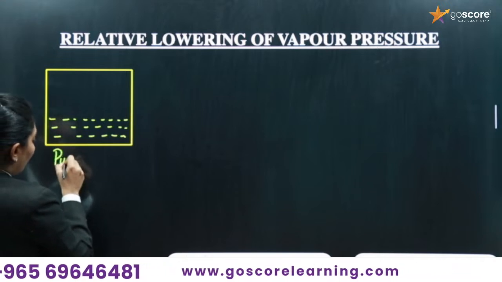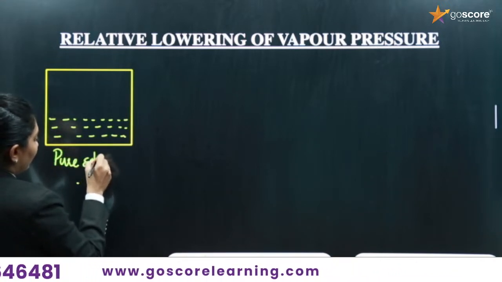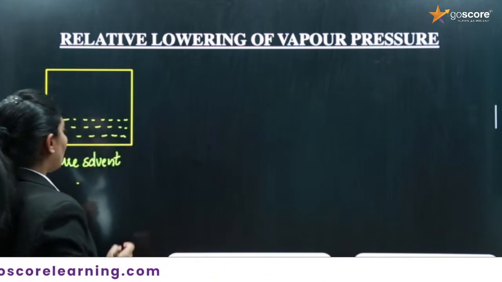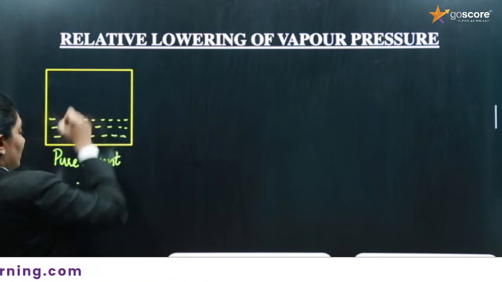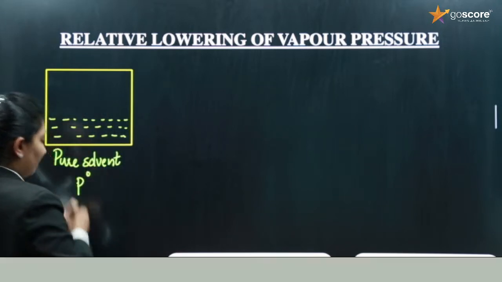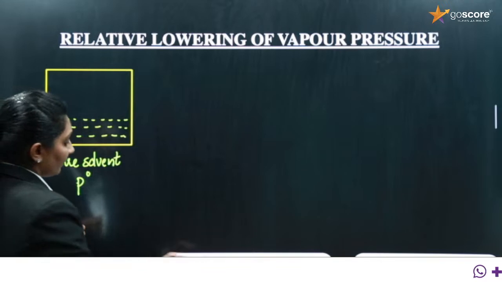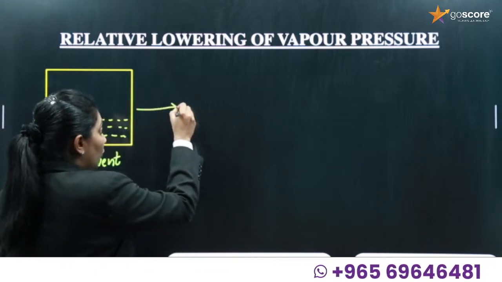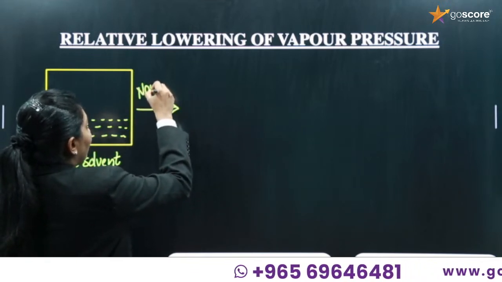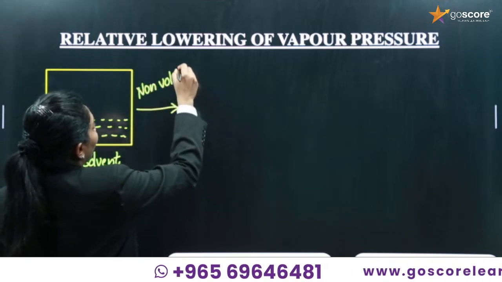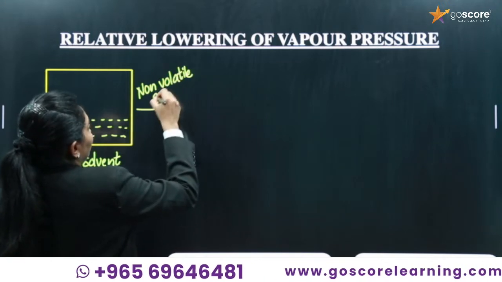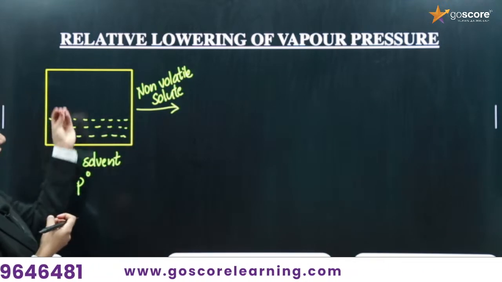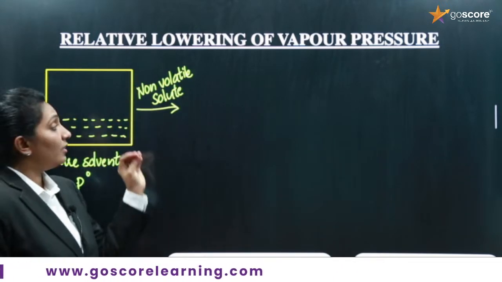This is the pure solvent and it exerts a vapor pressure that is represented by P naught. Now I am adding a non-volatile solute. It's a volatile solvent, and to that we are adding a non-volatile solute.